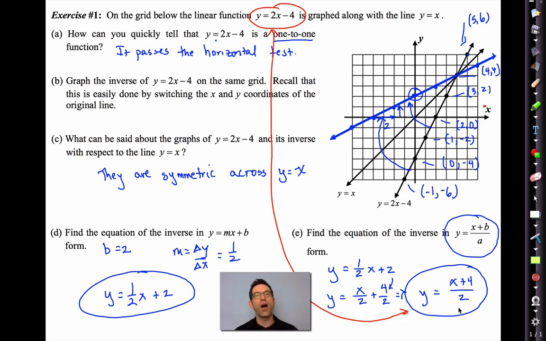So the inverse undoes what the original function does and in the opposite order, which is really kind of cool. All right, this is going to eventually lead us to how we find the equation of the inverse in a way that's maybe a little bit easier than what we did here. But for now, pause the video and copy down anything you need to.